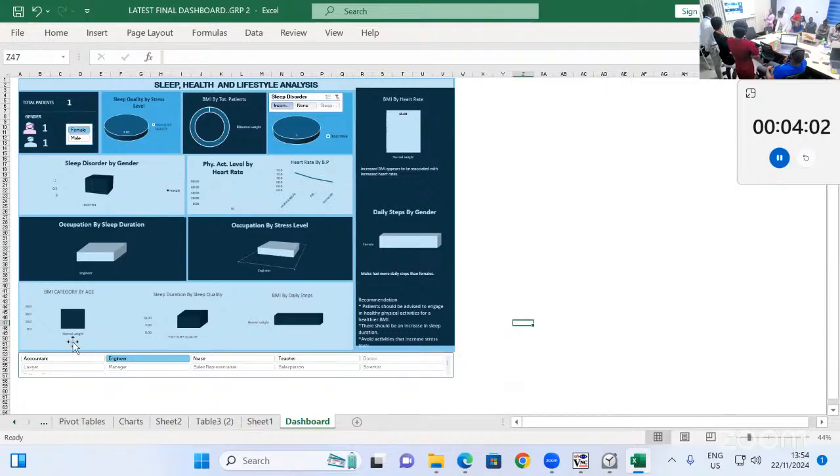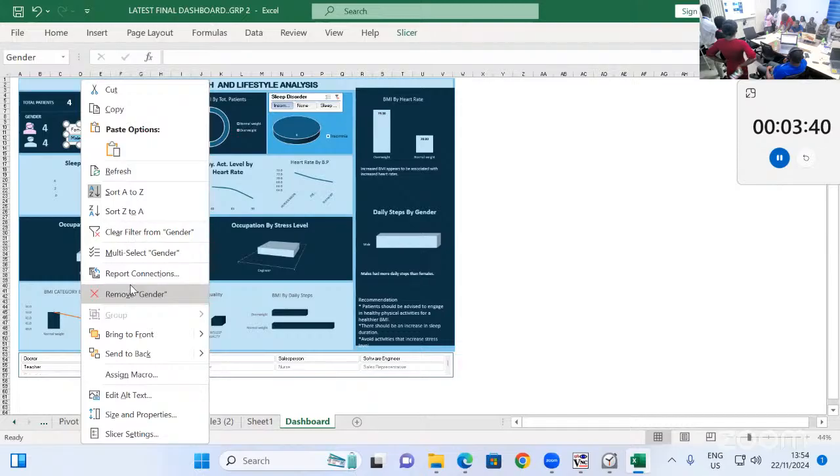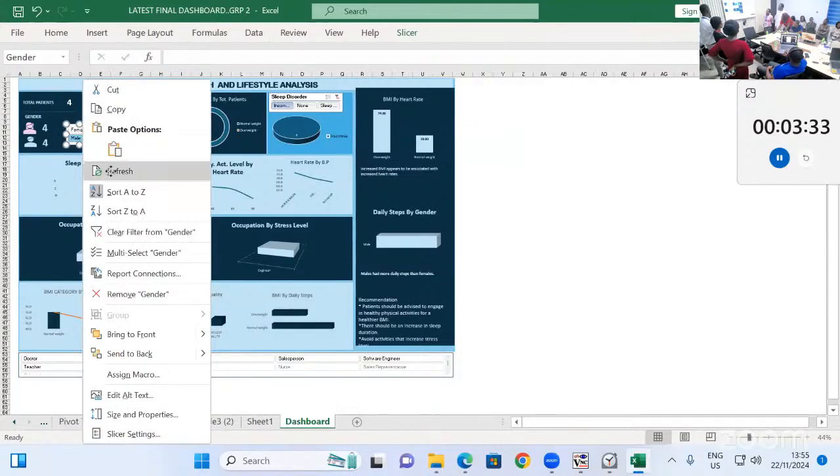I'm going to be talking on the daily steps by gender. So, judging from looking at the visualization on our dashboard, it is clear that females engage less in physical activities, while the males engage more.